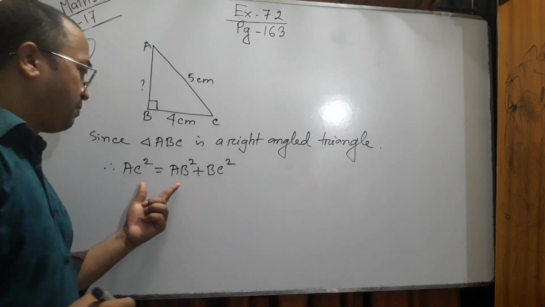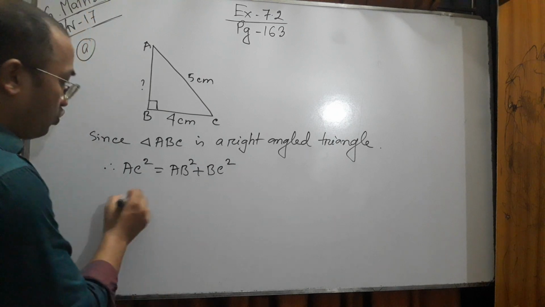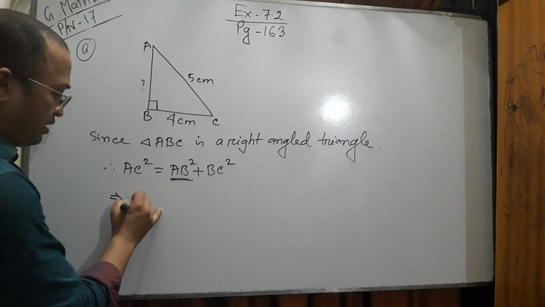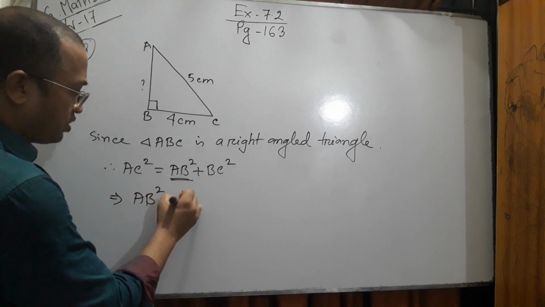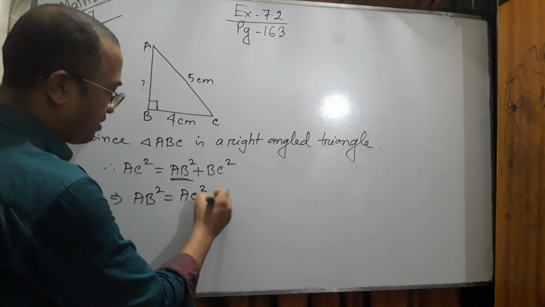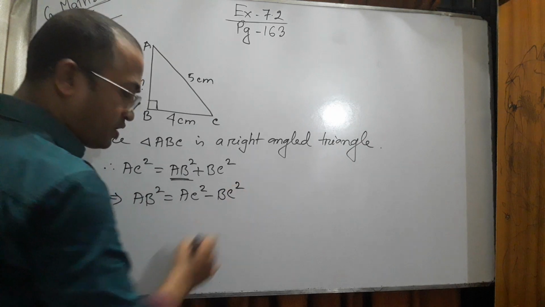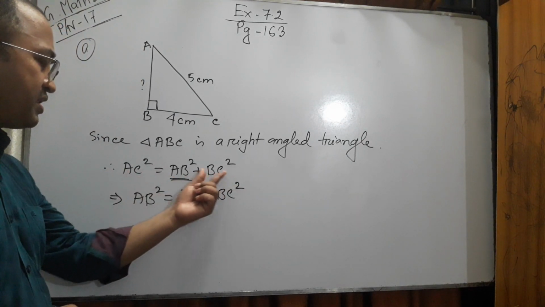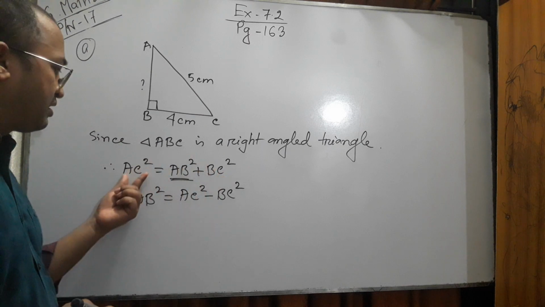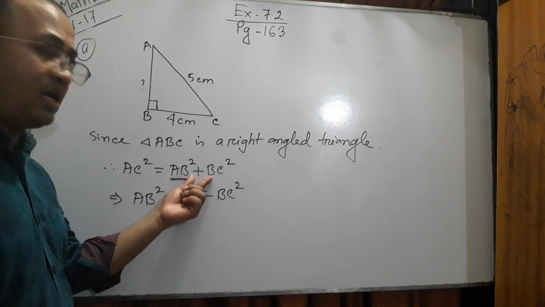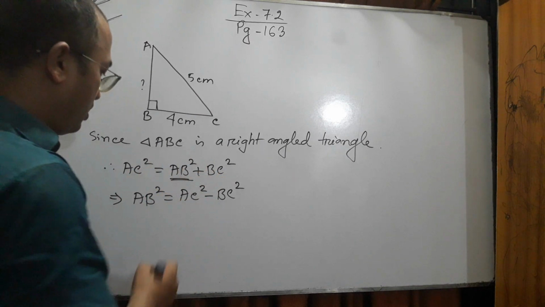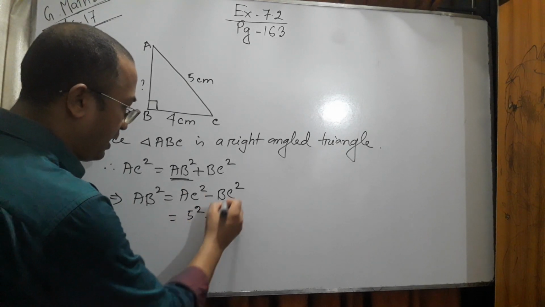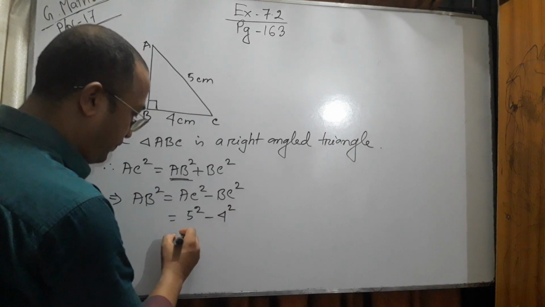This is the Pythagoras theorem. We will find out the value of AB. So can I write AB square equals AC square minus BC square. This one comes with AC, that's why the last will be minus.